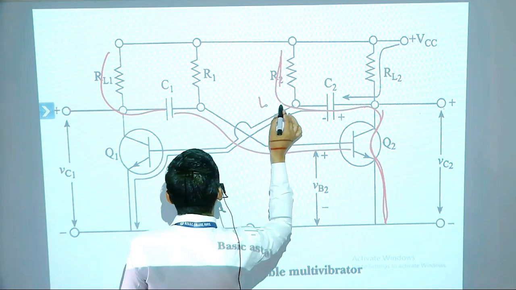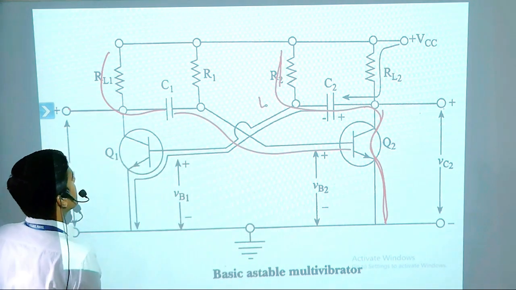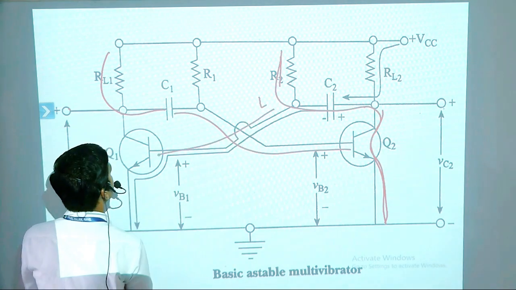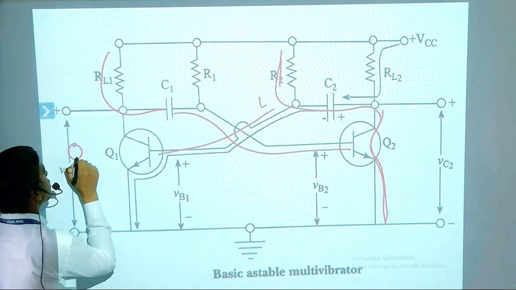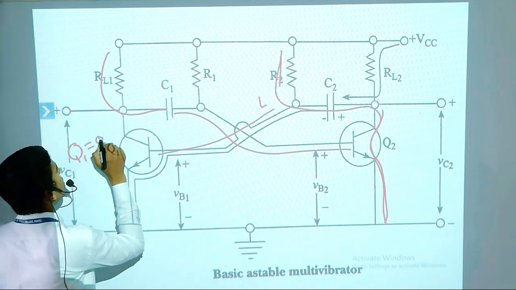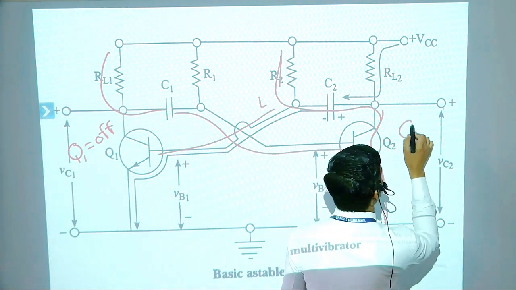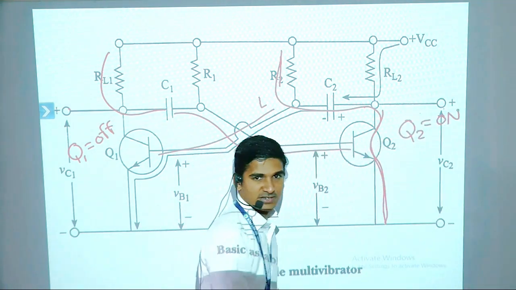Then this low signal goes to the base of transistor Q1, and transistor Q1 is off. The resultant collector signal is high. Sorry, Q1 is off and transistor Q2 is on. This is the second condition.